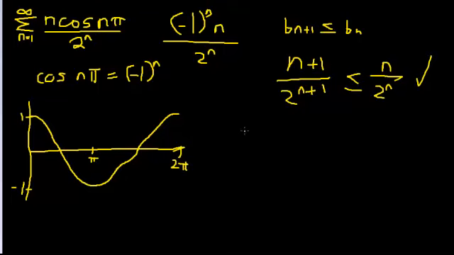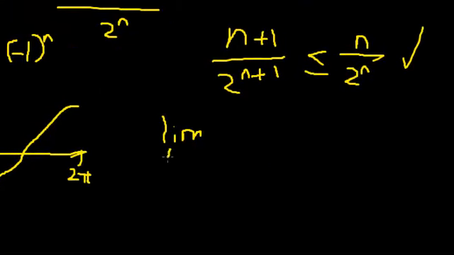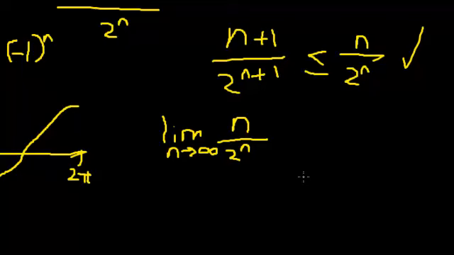Hooray! Now this one could be a little tricky: the limit as n approaches infinity of n over 2^n. How are we going to do that? Well, there's a couple ways to do it, but I'm going to use L'Hopital's rule.